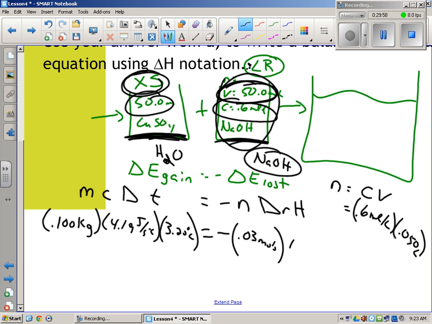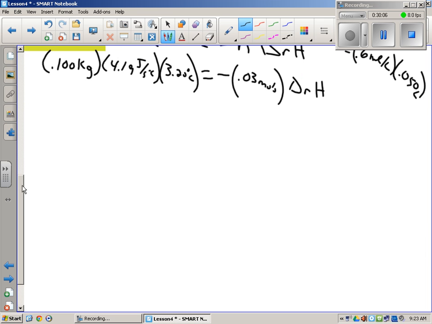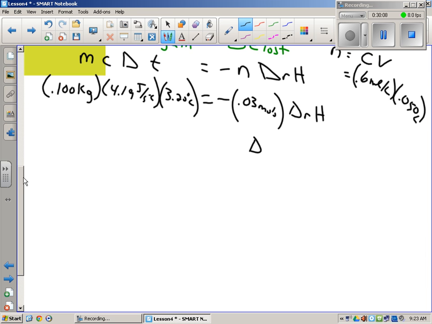And of course, we are going to solve for the delta H. Okay? Let me extend this a bit here. So what is delta H equal to? Once again, you're going to take these three numbers here. I'm not actually going to do this just for time's sake: 0.1 times 4.19 times 3.2 divided by 0.03.